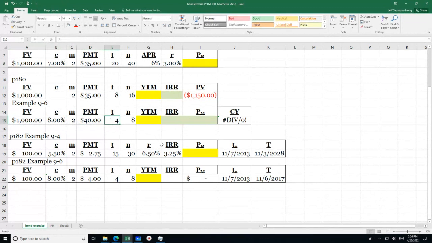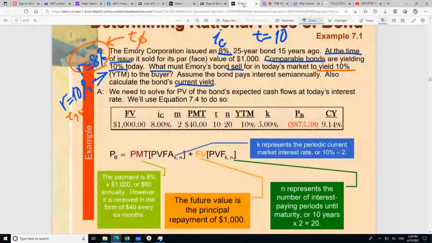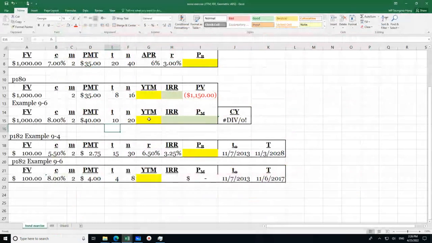The time remaining is 10 years. Remember, it was a 25-year bond, but that was already 15 years ago, so we have only 10 years left. Then the actual number of compounding periods is 20 because the bond is semi-annual.